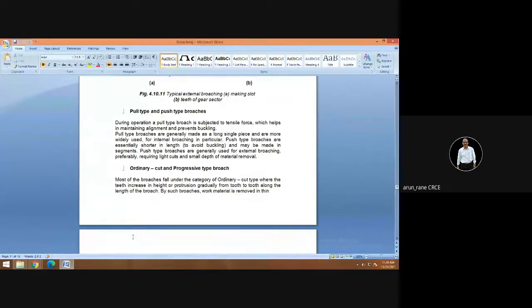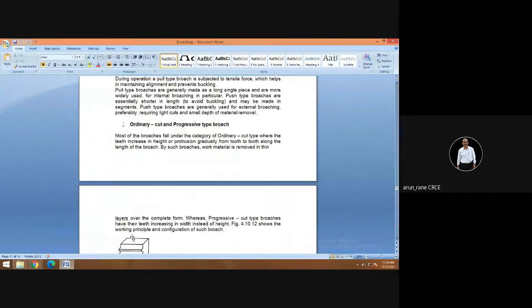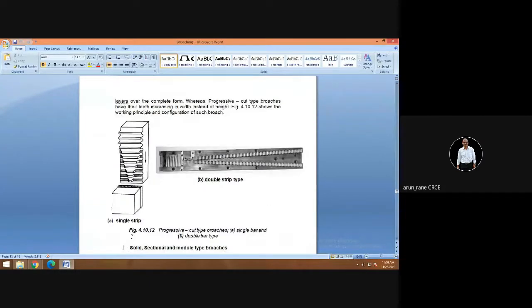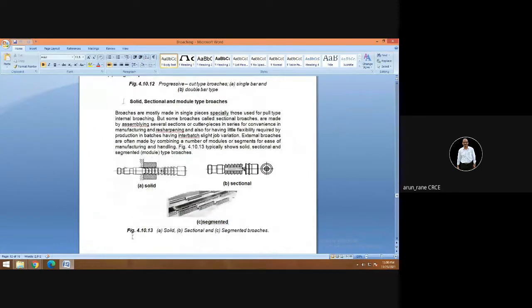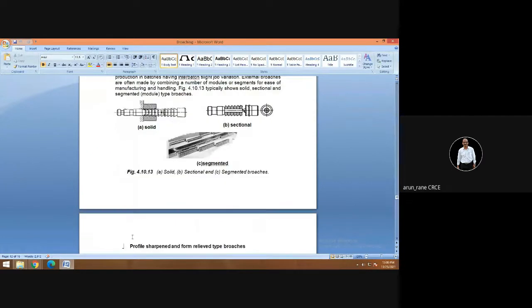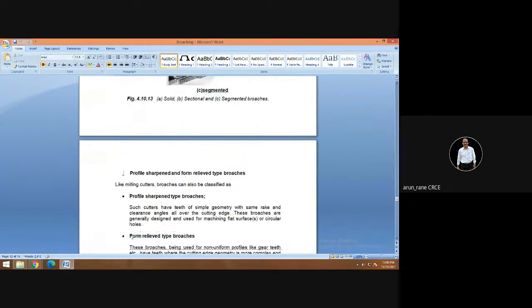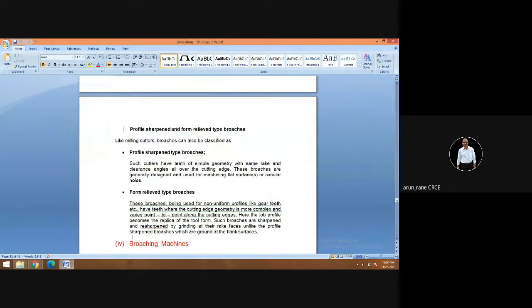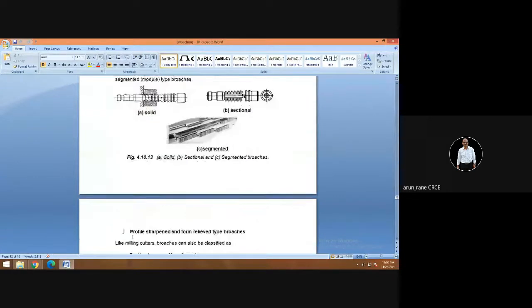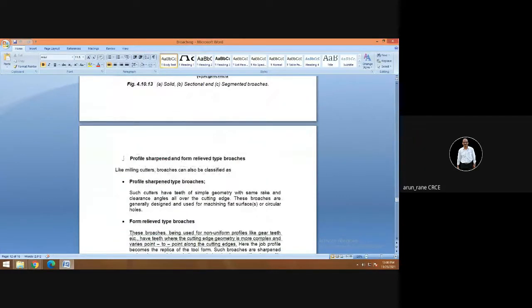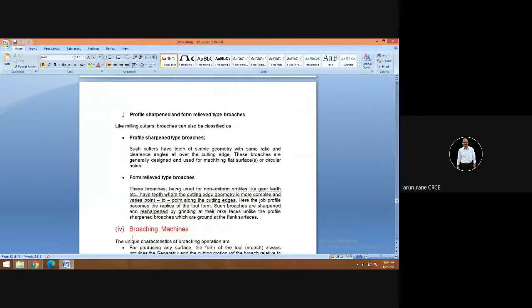So broaches are classified as pull type and push type, which I told you. Broaches are also classified as profile sharpened type broaches and form relief type broaches.